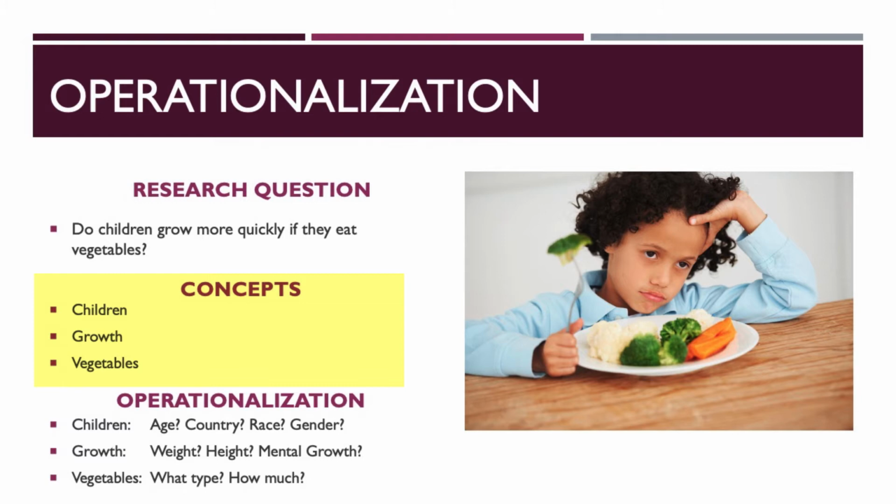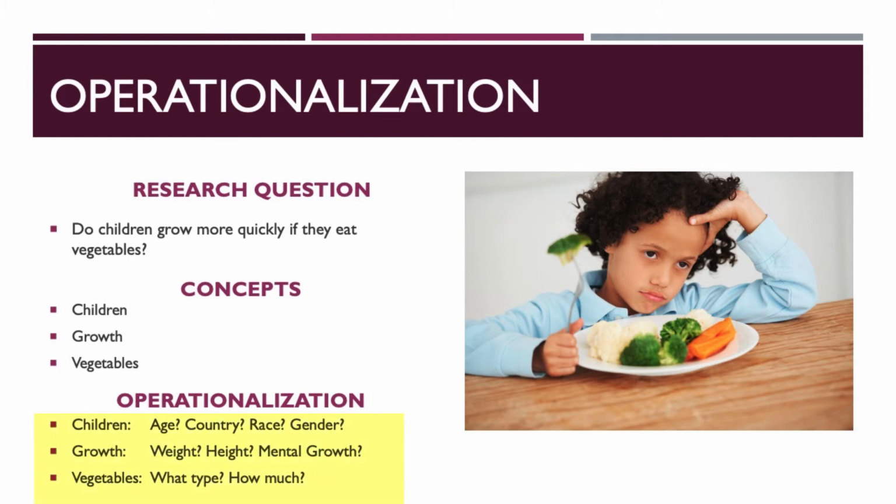Okay, so we can see that very clearly by the way that statement is worded, that growth is the dependent variable. What is that conditional upon regarding the statement? Eating vegetables. So those are our three concepts. Children, the unit of analysis, growth, the dependent variable, and vegetables, the primary independent variable of the study. My goodness. So how do we operationalize those things?